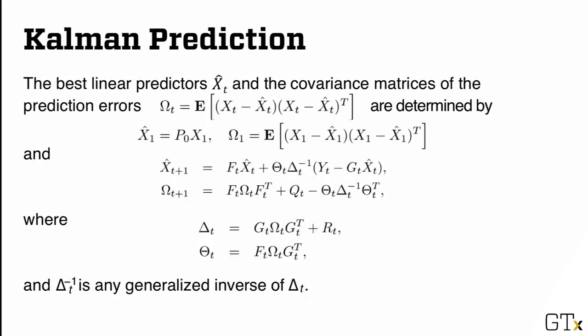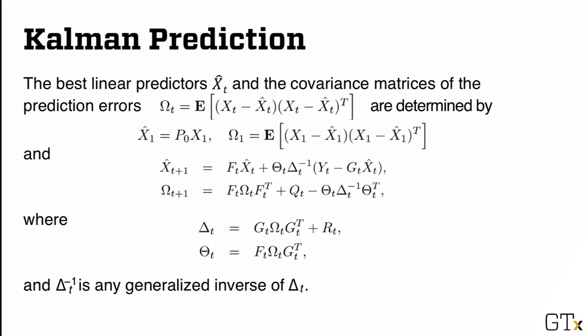Let's take a closer look at one-step prediction of xt based on the past observed data y up to t minus 1. Similarly to the linear prediction approach in ARMA and VAR models, we seek to minimize the mean squared error omega t in this slide. We obtain these predictions using a recursive algorithm. We first begin by determining x1 hat, or the prediction of the process x at time t equal to 1, given the initial value of the process y0.